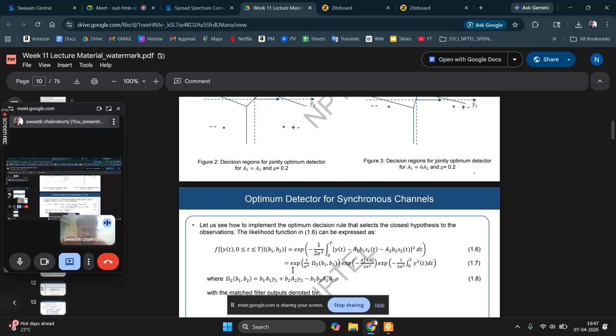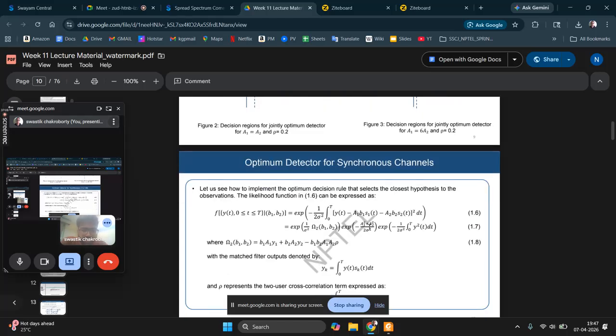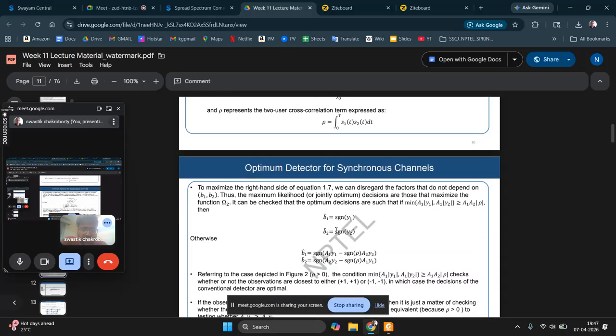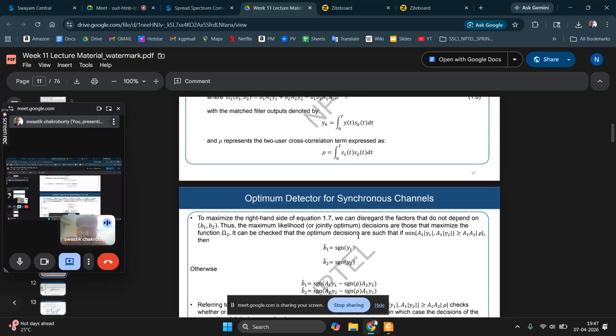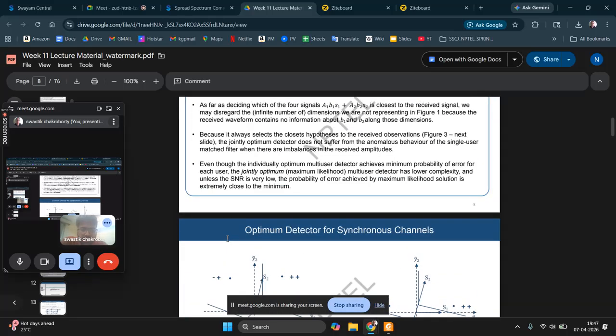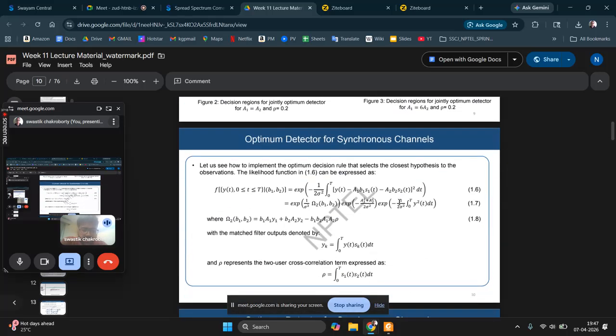So we can disregard the second and third term, because the third term is the received signal, whatever you are getting, and the second term only depends on a1 and a2.